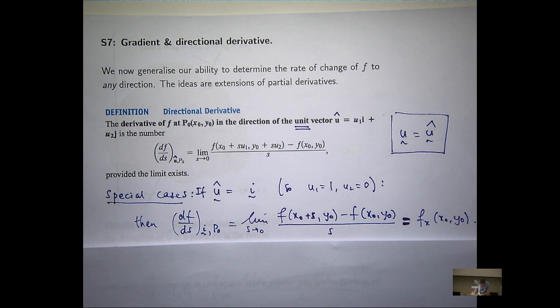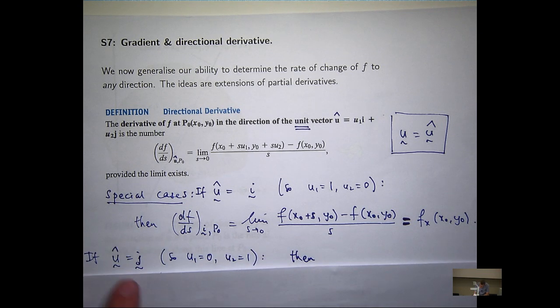Okay, so what we're seeing on this slide is actually just a generalisation of what we already know. So it's nothing to be upset about or worried about. You can break it down to a partial derivative in the case when the unit vector is just the i vector. Similarly, what do you think when the unit vector is j? If the unit vector is j?